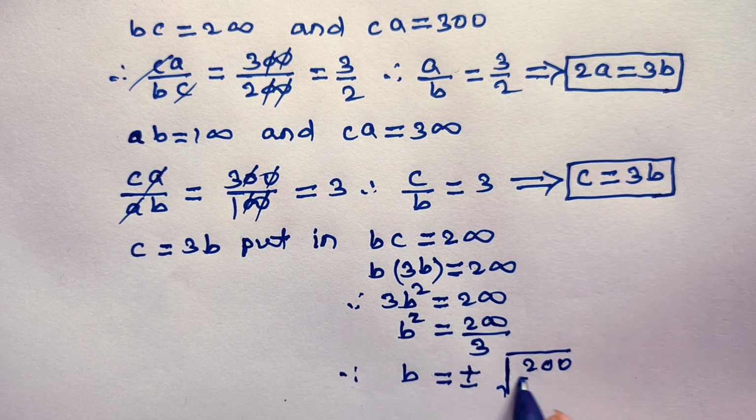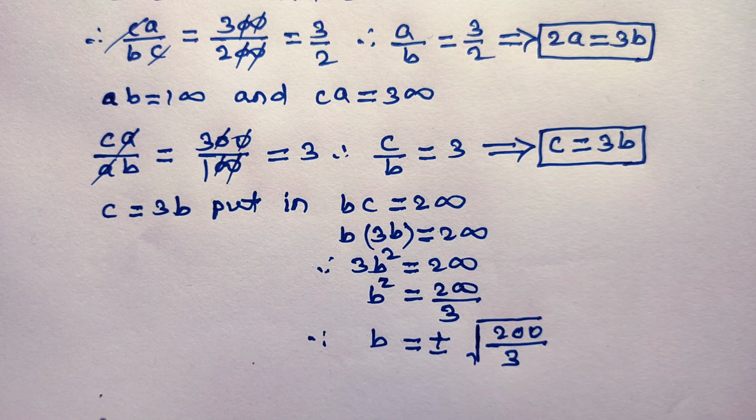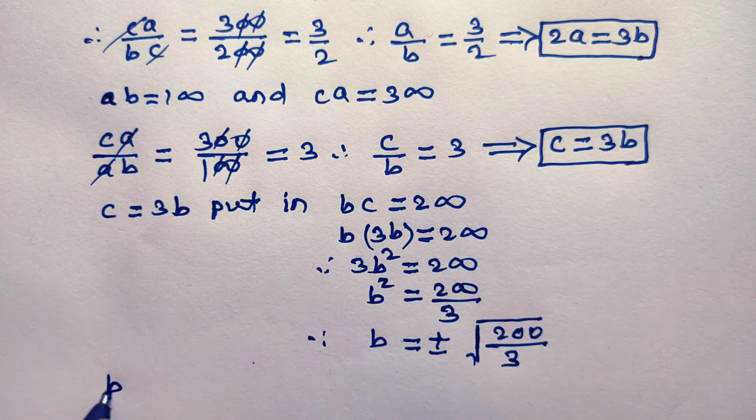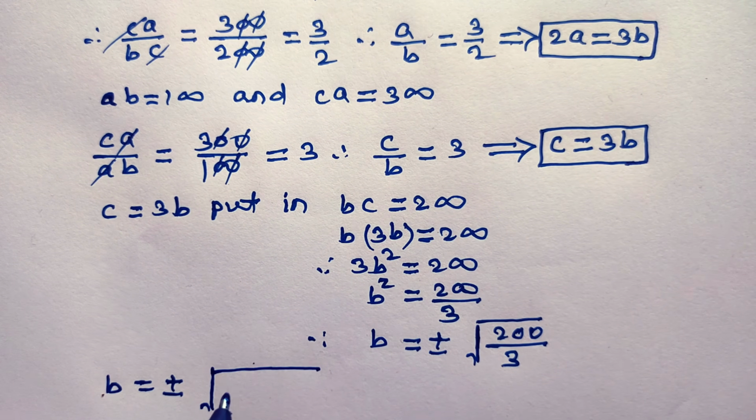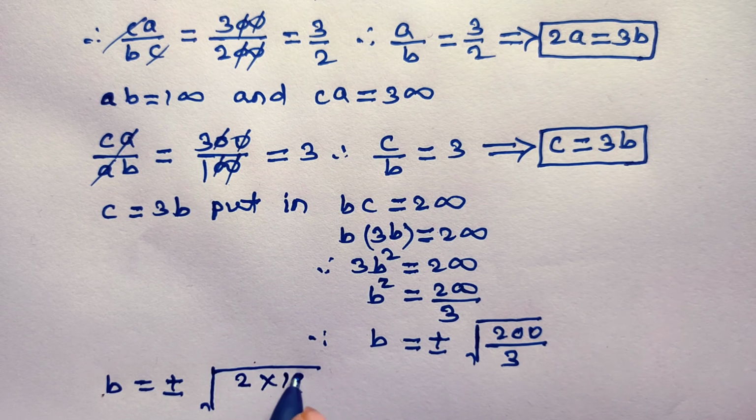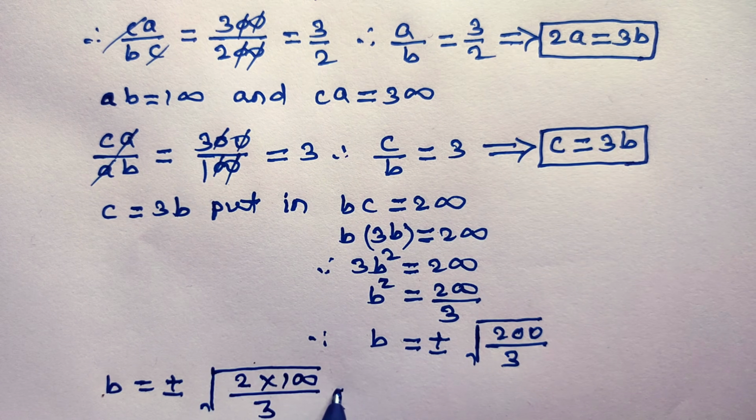Hence, B is equal to plus or minus square root of, 200 can be written as 2 into 100 divided by 3. Simplify this.